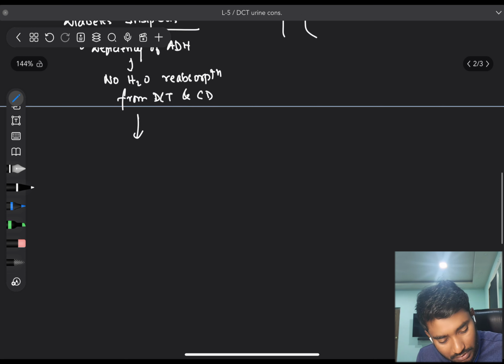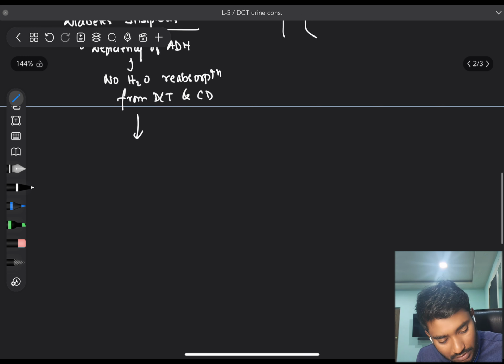Okay, so what happens? Patient will pass dilute urine, that is diuresis. The terminology is called diuresis. It is excessive loss of water via urine. This is called the diuresis.